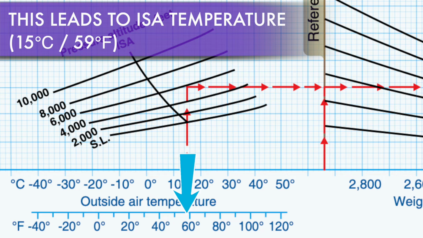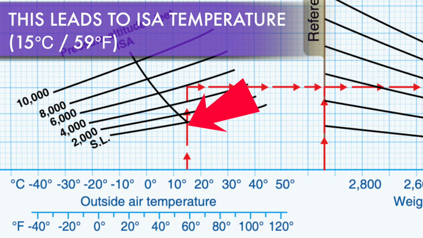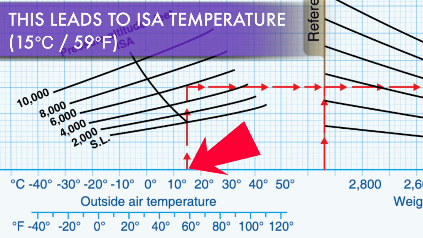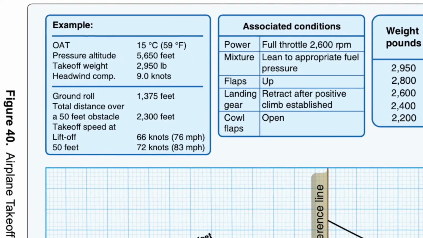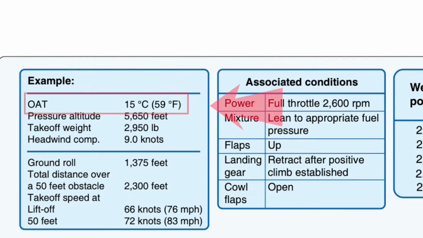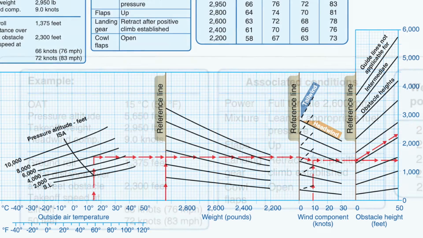Or, as you have already seen, that segment of red arrows from the example happens to mark exactly that spot too. This can be confirmed because it is also described in the blue example box at the top, though it does not label this as standard temperature. Use this beautiful coincidence to your advantage if needed.